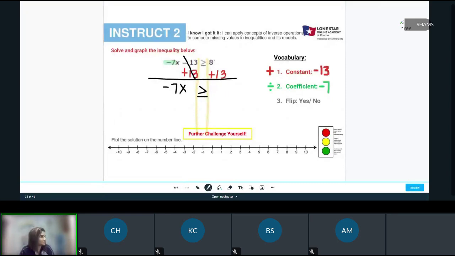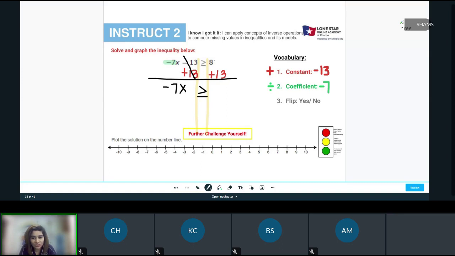Let me see, Aurora. Aurora, I'm still trying to understand your work. I would basically add 13 to both sides, Aurora. So now I'm going to be left with negative 7x greater than or equal to.